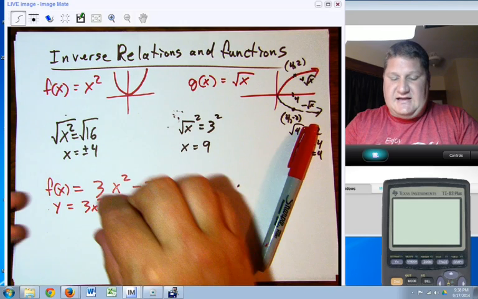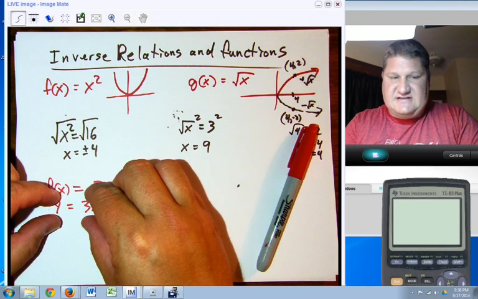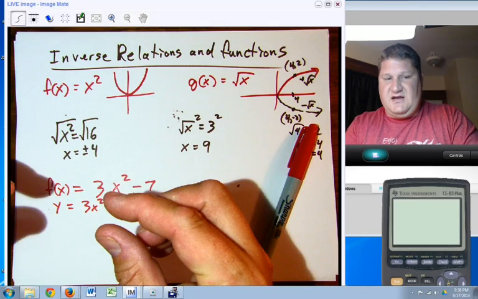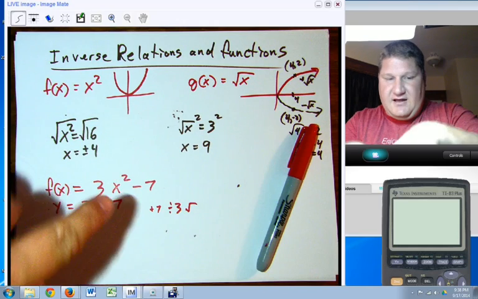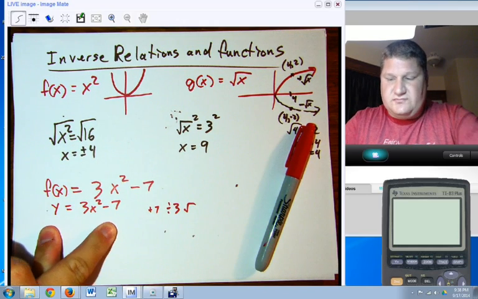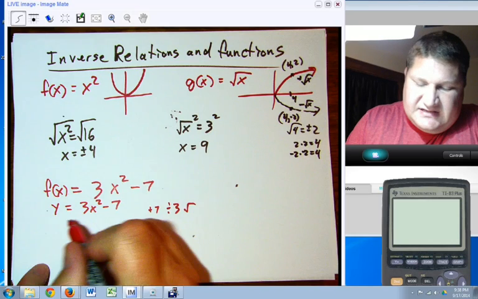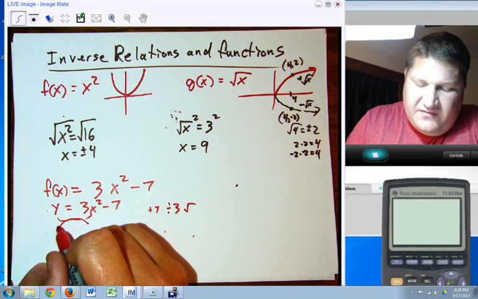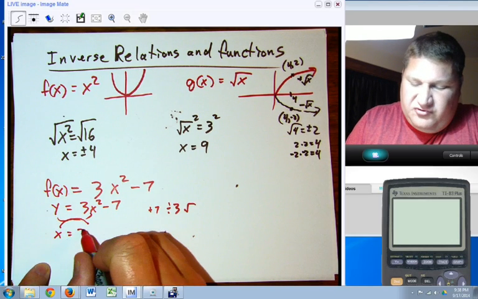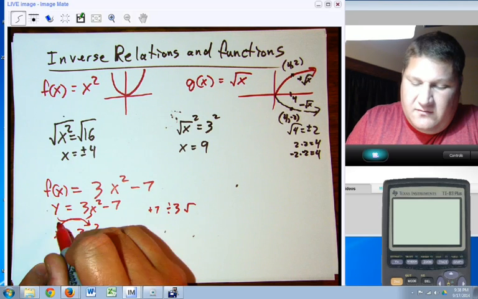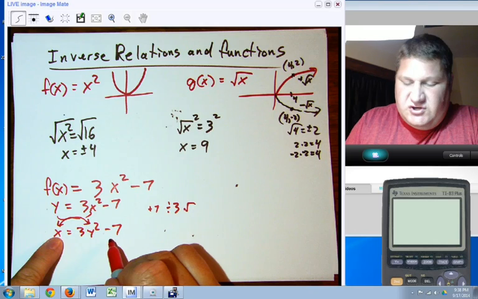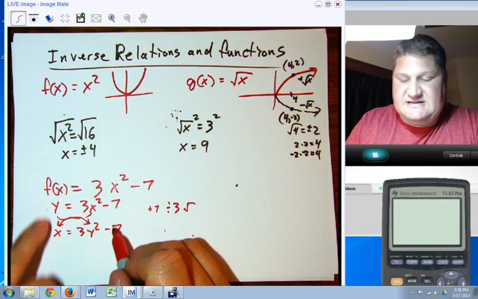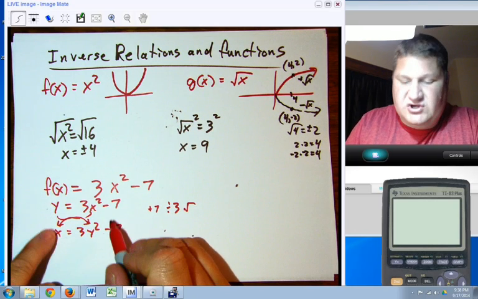I can literally take this y and this x, rip them off the page, and juggle them around and put them backwards. So in this case, I'm going to now have x equals 3y squared minus 7. This should undo this because this is exactly backwards of this.